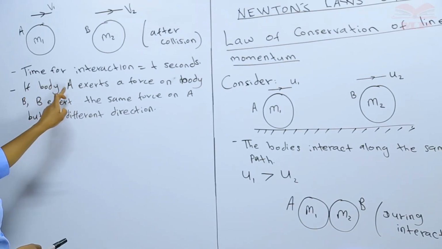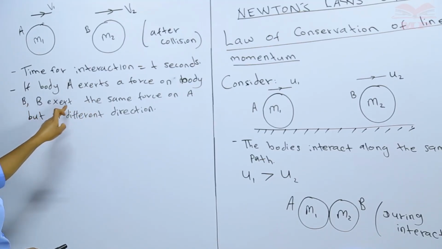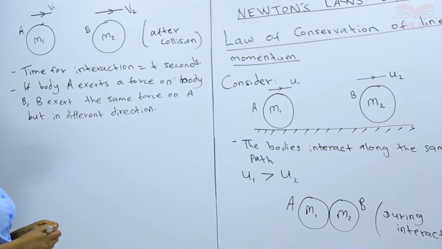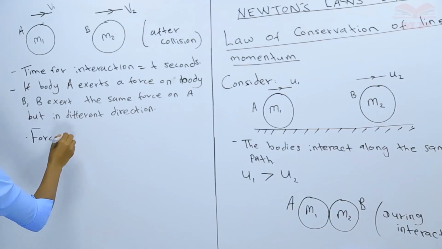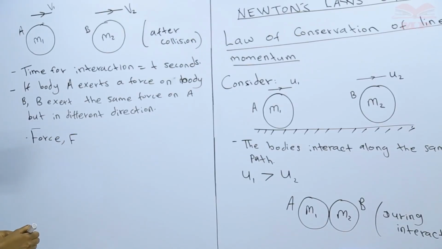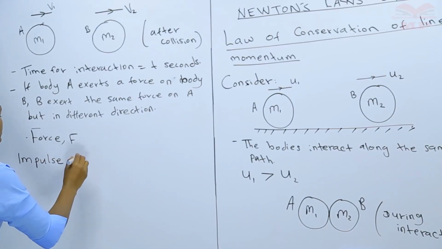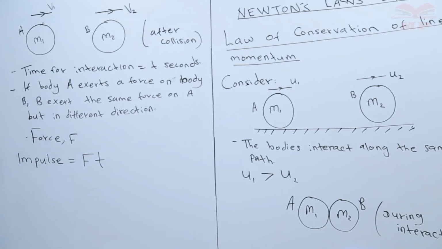So if body A exerts a force on body B, B will also exert the same force on A, but in the different direction. So if we take the force to be F, it means that the impulse, therefore, will be given by that force multiplied by the time of interaction. So this will be the impulse.